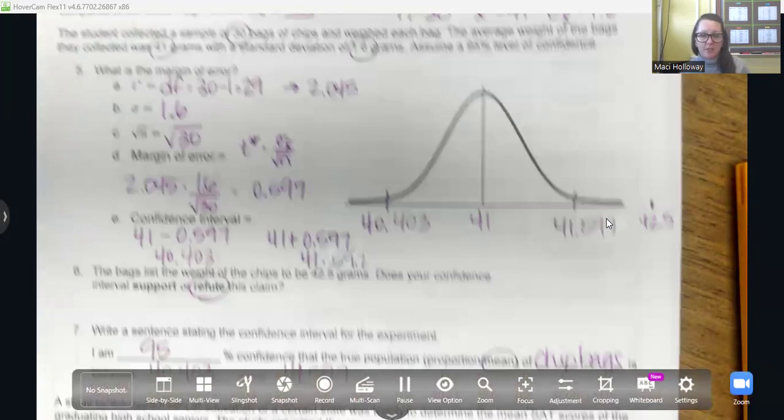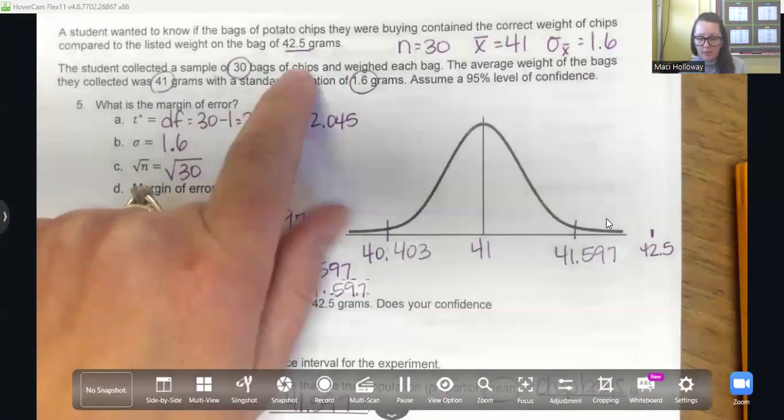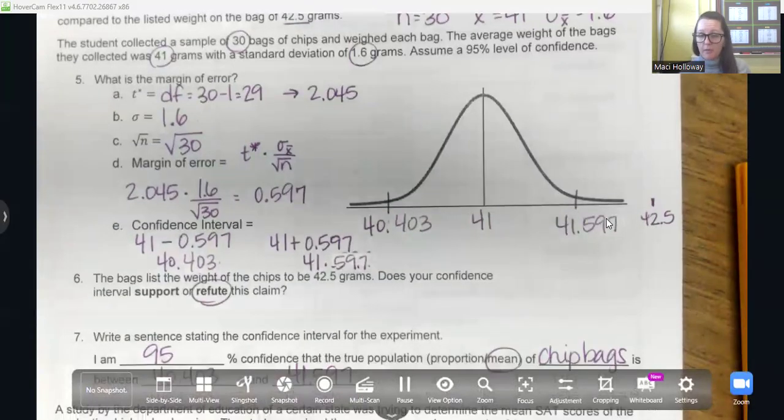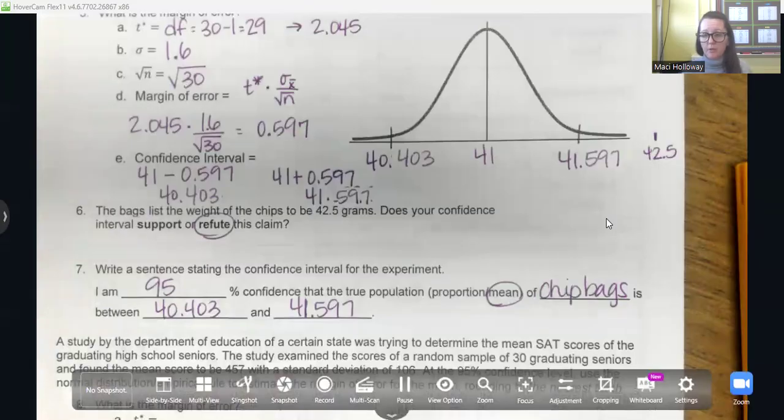So that leads us to believe that the chip manufacturer is not telling us the truth, or something went wrong with our sampling, right? So you try the second one and check with me, and we'll do some more in class.